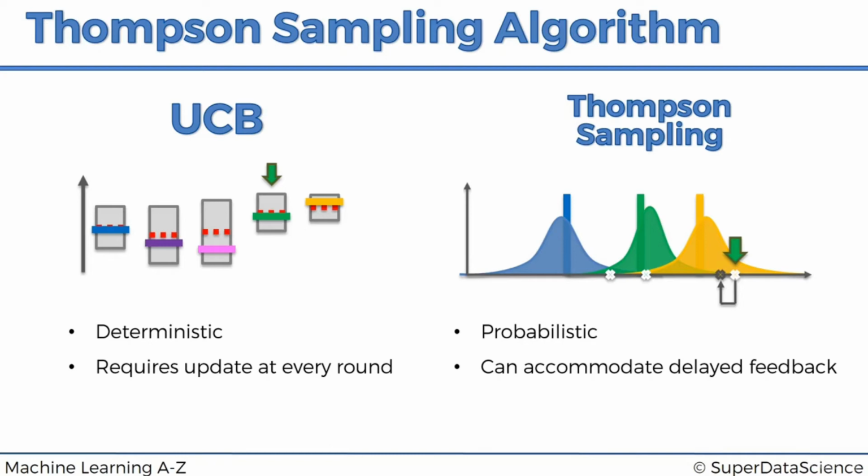So not even just displaying ads on a website, you could use this for A/B testing the different layouts of your website, right? You could use a Thompson sampling algorithm to have that balance between exploitation and exploration right away.